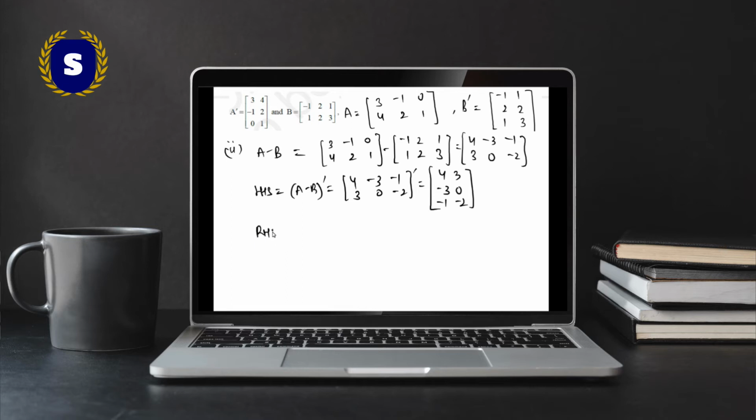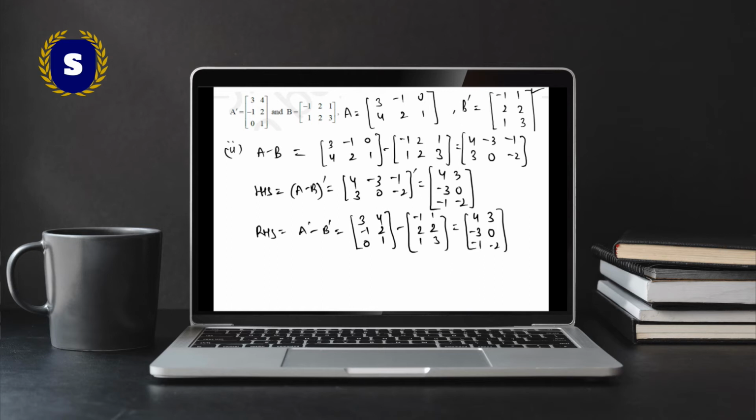And the RHS is equal to the subtraction of the transposes of the two matrices. So [3, -1, 0, 4, 2, 1] minus [-1, 2, 1, 1, 2, 3]. This is the B transpose matrix here. So the final answer would be 1, 4, 3, -3, 0, -1, -2.